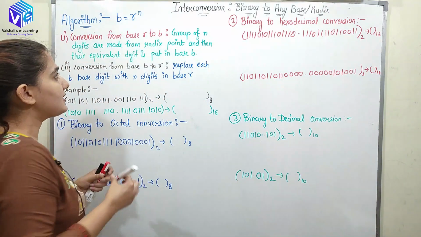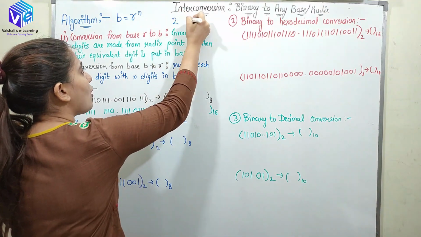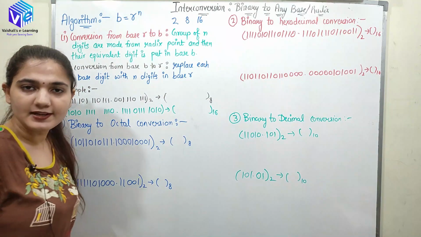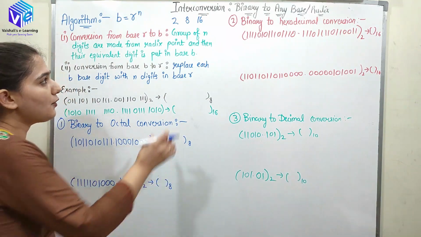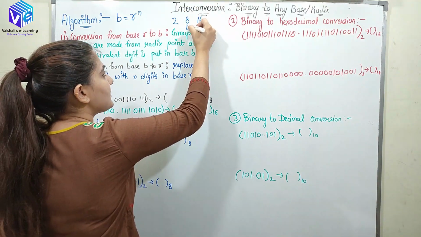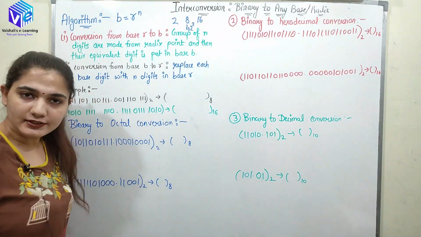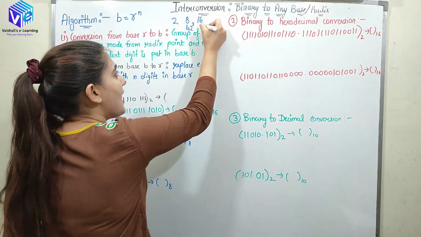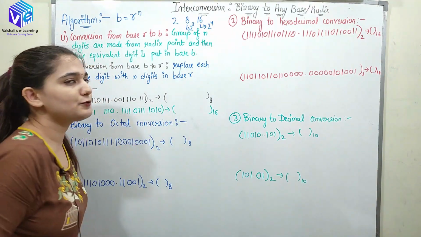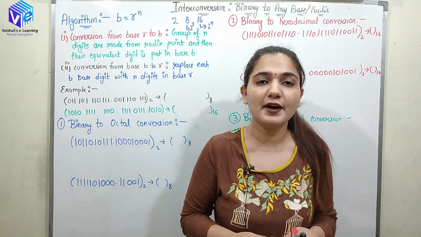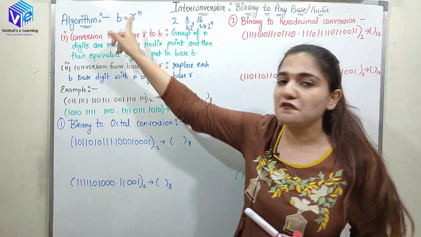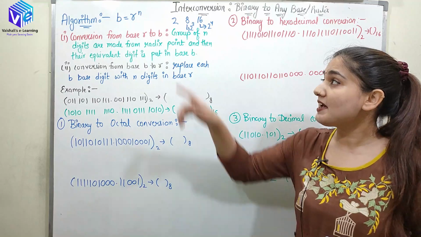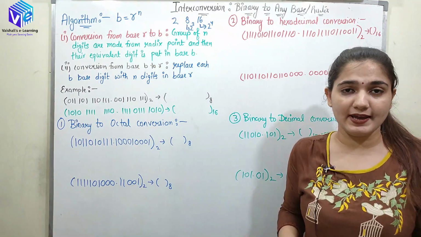Binary is represented as base 2, octal is represented as base 8 and hexadecimal is represented as base 16. Now octal can be represented as base 2 raised to power 3. Right, 8 can be represented as 2 raised to power 3 and 16 can be represented as 2 raised to power 4. So base B can be represented as base R raised to power n.